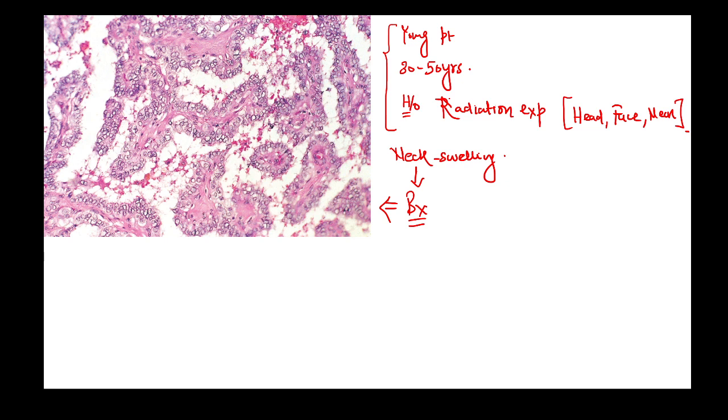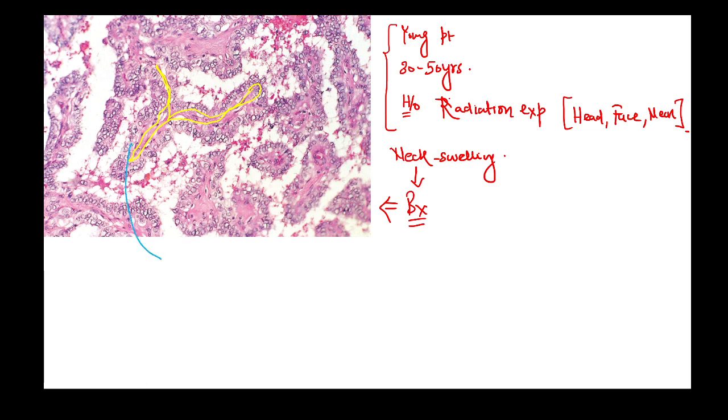So what are we seeing in this biopsy? Can you tell me what we are looking at? If you look at this yellow line which I'm drawing, you can see this is the area which you can say is the papilla, right? So this is the papilla. Papilla means what? Papilla means fibrovascular core. That is very important to understand.